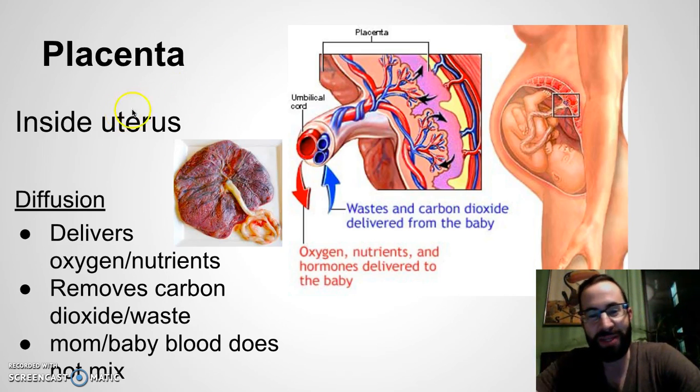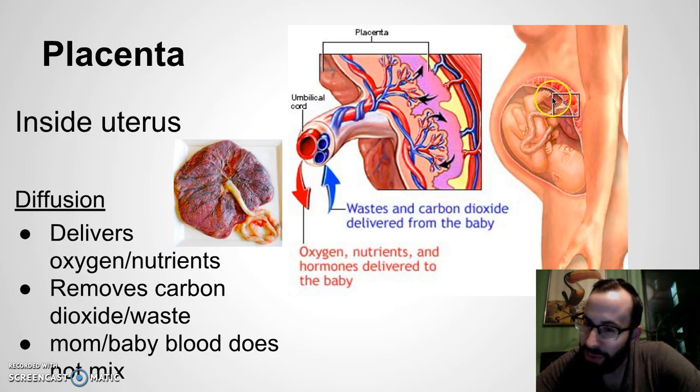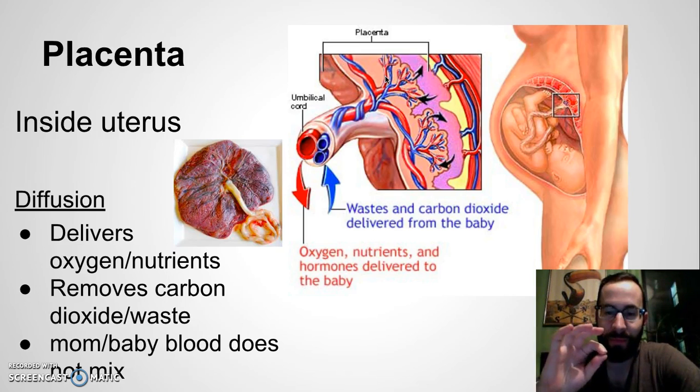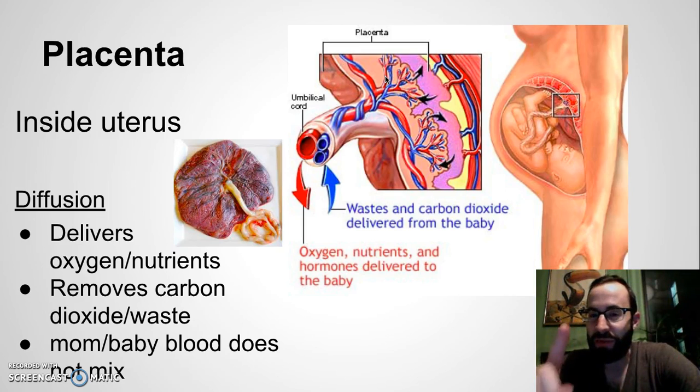But the important thing you need to know about the placenta is that this placenta is inside the uterus. You can kind of see it over here. And the thing that's interesting about the uterus is that this is where the nutrients and oxygen and waste get exchanged between the developing fetus and the mother. Now, the thing that you need to remember is that the blood of mom and baby never mix, and that's because we have a placenta.